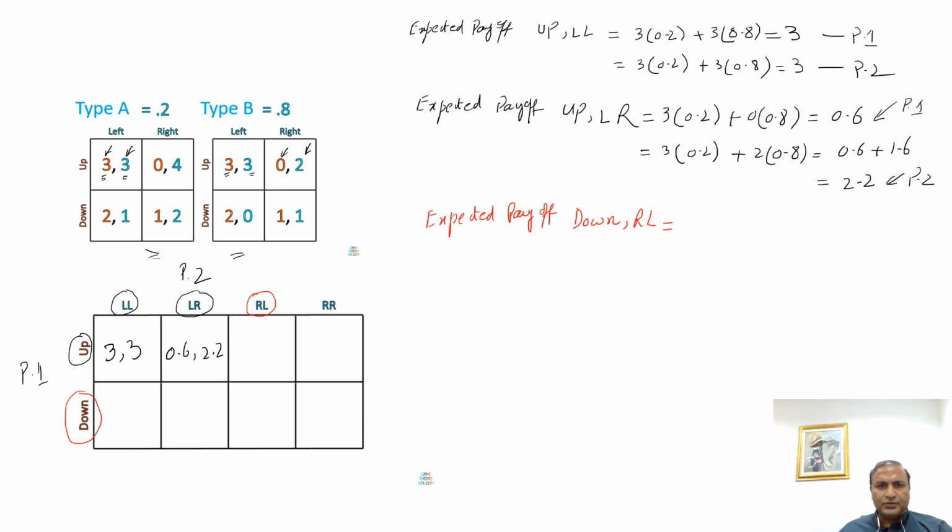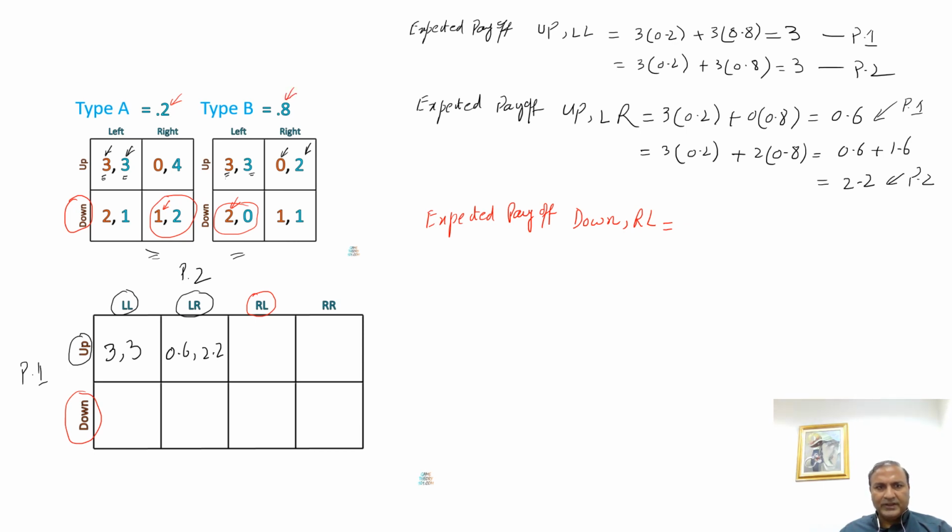Okay, so now we have to look at this down, and RL. So it means this one and this one. If we look at player number 1, he can get 1 with probability 0.2, and he can get 2 with probability 0.8.